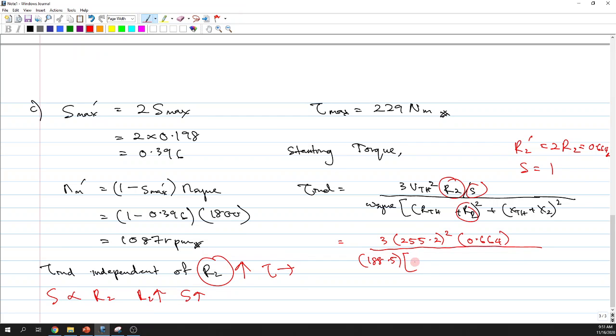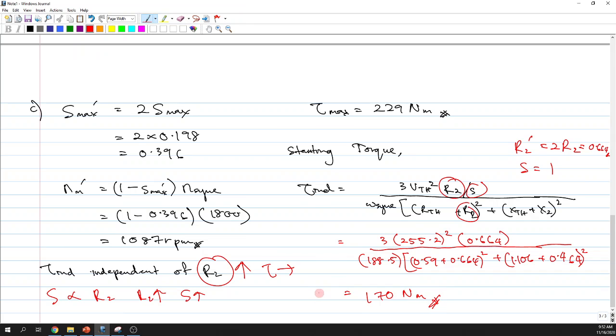RTH is 0.59 plus R2 0.664, plus XTH is 1.106 plus X2 is 0.464, square, and this is equivalent to 170 Newton meter of torque.